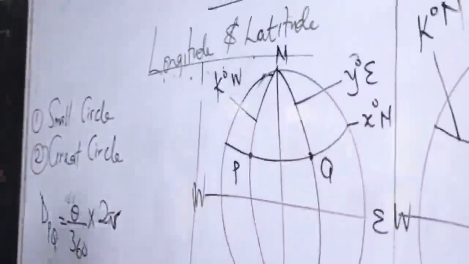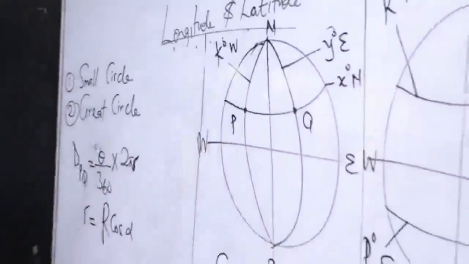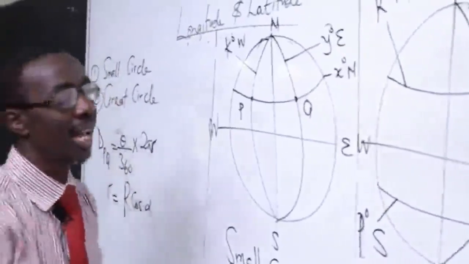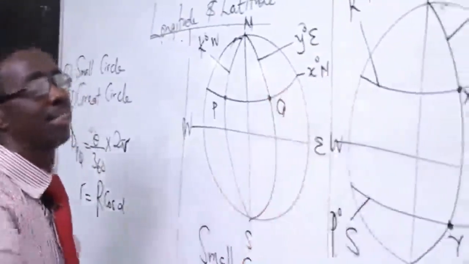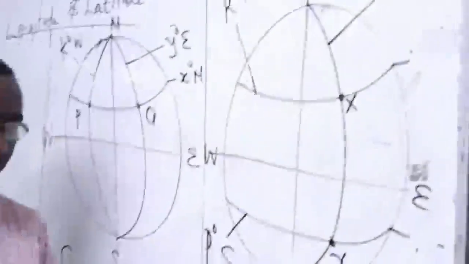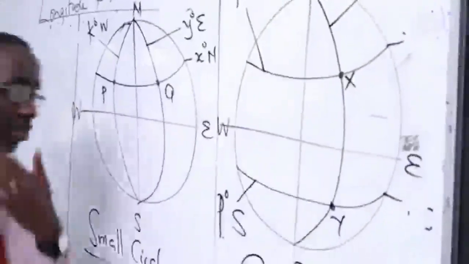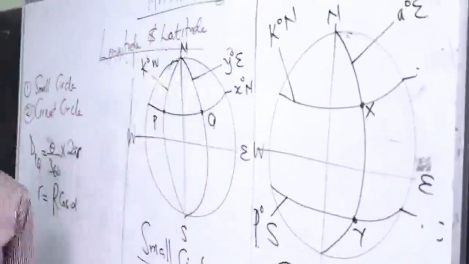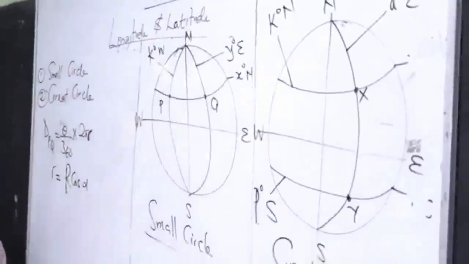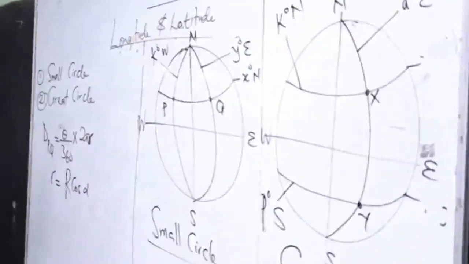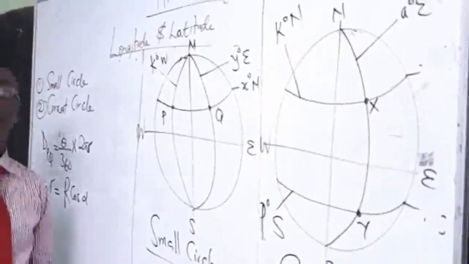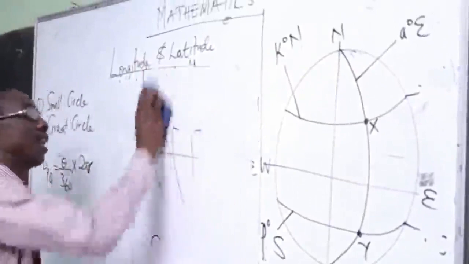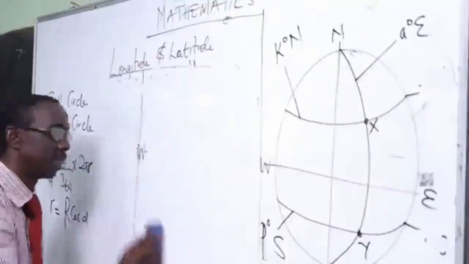Okay. We can also look at how to find the distance between x and y, the distance between 2 points on the great circle. For that, I think I can clean this one now. Knowing fully well we've been able to identify a diagram of a small circle, I can clean it to use this space for our great circle.